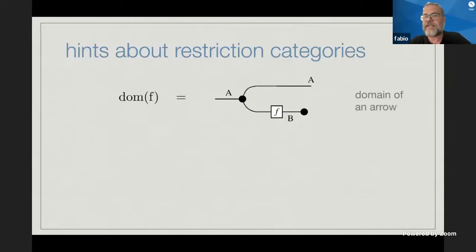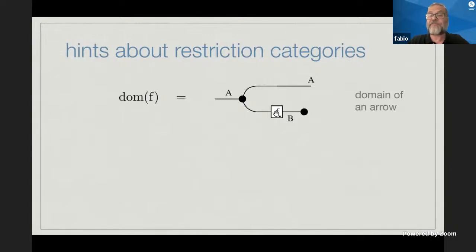Very well, let's try to give additional hints about restriction categories. As you know, the key idea of a restriction category is that whenever I have an arrow f, I have another arrow called dom f, which represents the total restriction of the original arrow. Well, in gs-monoidal categories, this is also well known, you can represent it like this. You duplicate, then you put in parallel the identity with f, and then you discard the f.